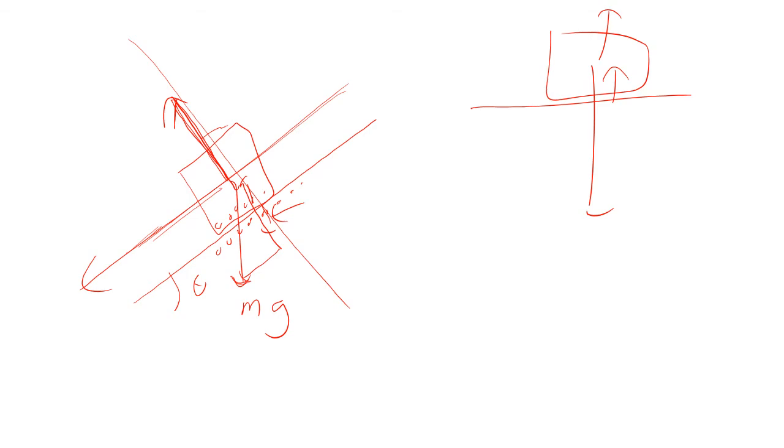And so it's going to be equal to, well, now we've got to figure this out. This is a right angle right there. This is theta. So that means that right angle right here, so this is going to be theta right there. So that means that this component right here is going to be mg cosine theta.